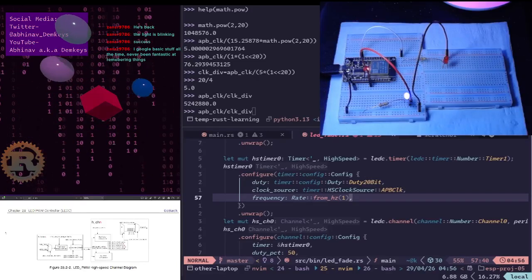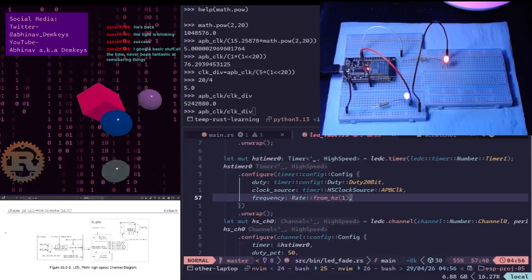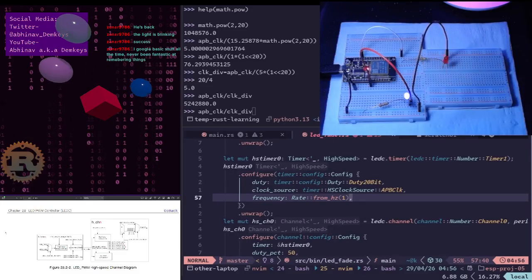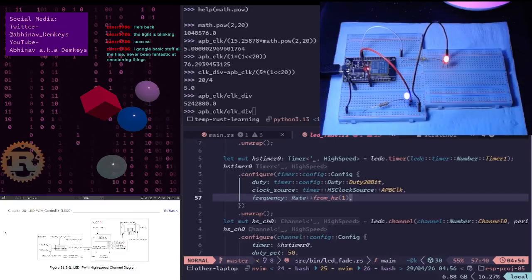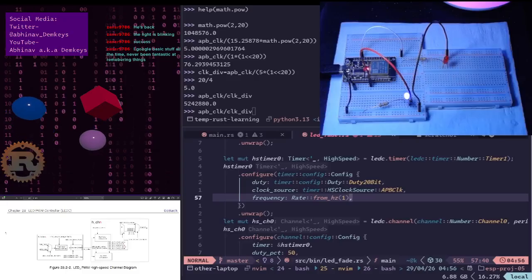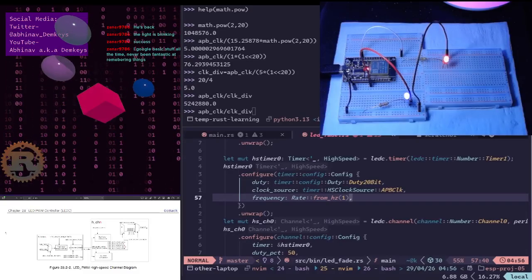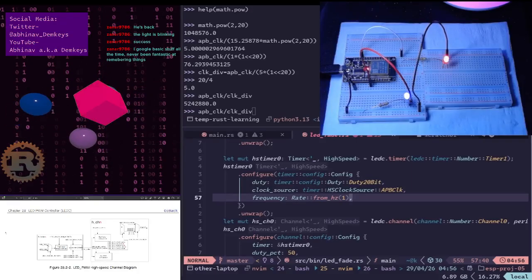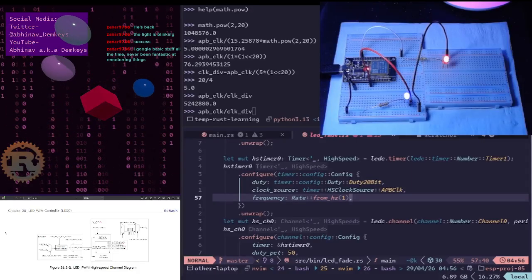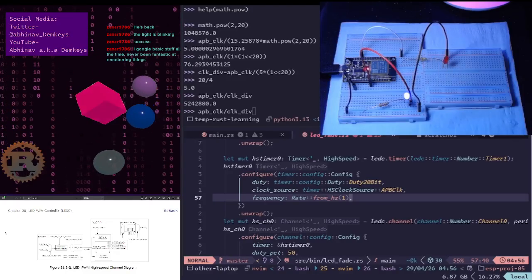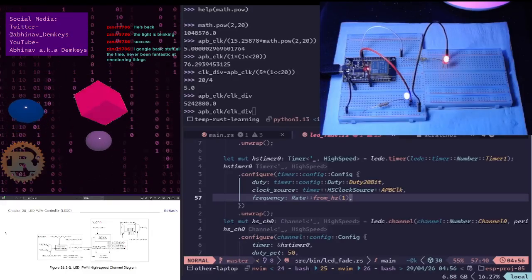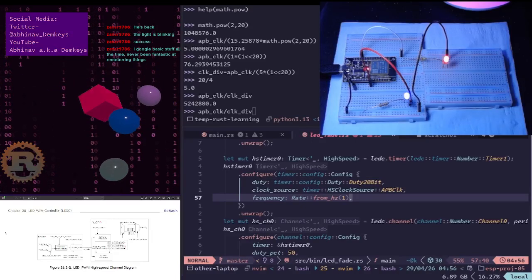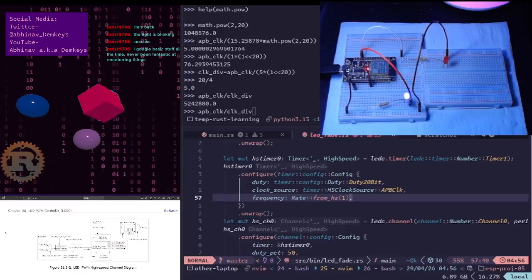Yeah, let's say division factor. And every time the divider hits that max value, it sends a pulse to the PWM counter, which then counts one tick.